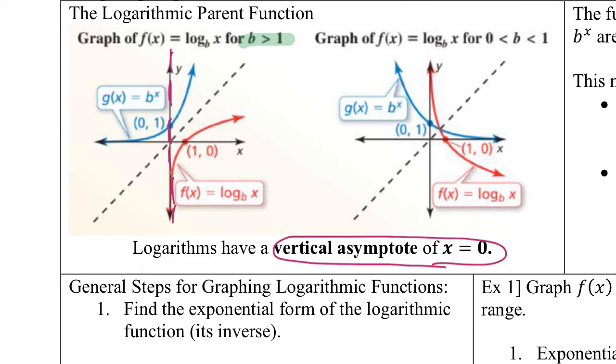So exponentials have a horizontal asymptote, logarithms have a vertical asymptote. Then we have another graph for exponential decay, essentially. So b is less than 1 but bigger than 0, so a fractional base. And this is what the log function will look like then. Again, you still have a vertical asymptote at x equals 0.